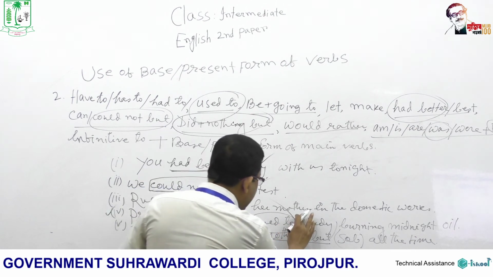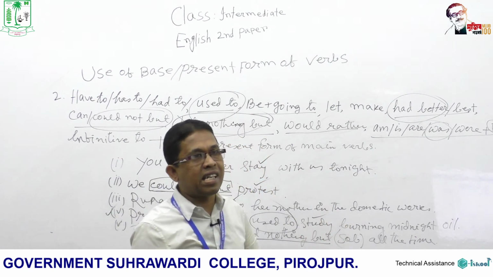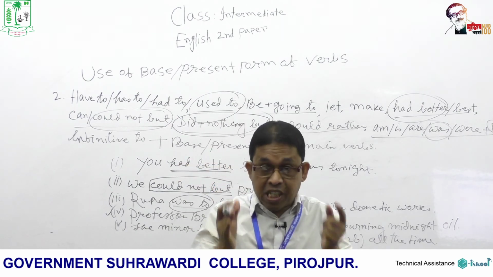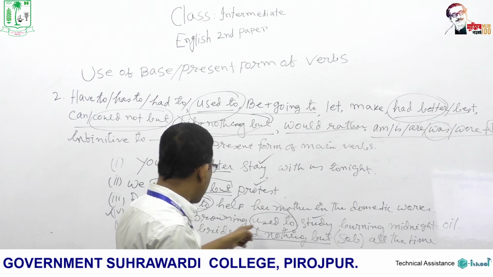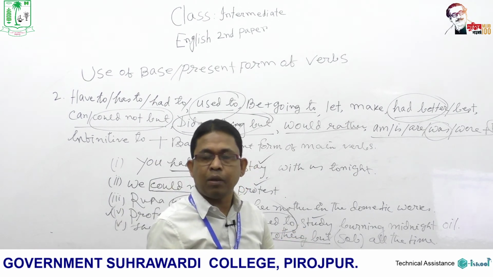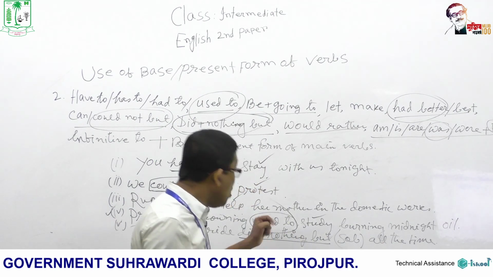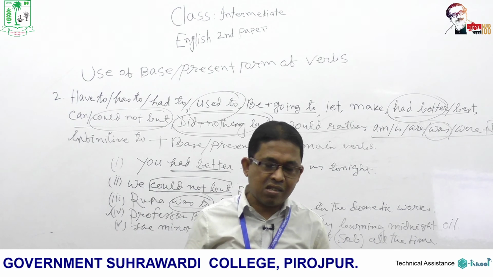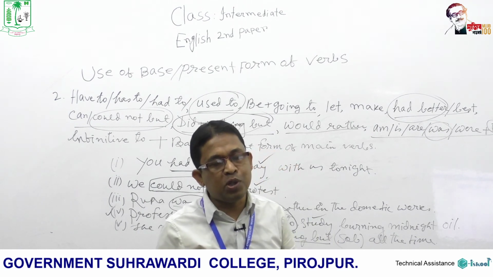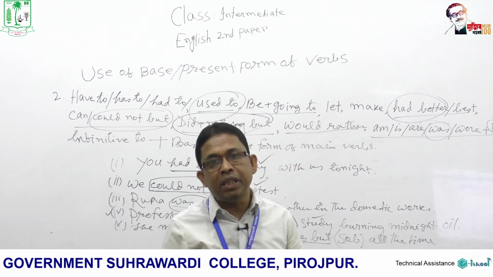So used to study, study is the correct verb, because the base form of study is study. But if you use Professor Browning used to studying, the present participle form, or Professor Browning used to studied, the first form of study, this is wrong, because after used to we have to use the base form. So Professor Browning used to study burning midnight oil.